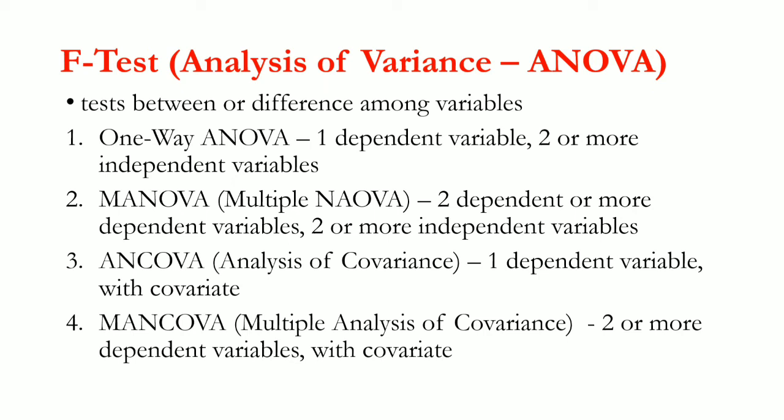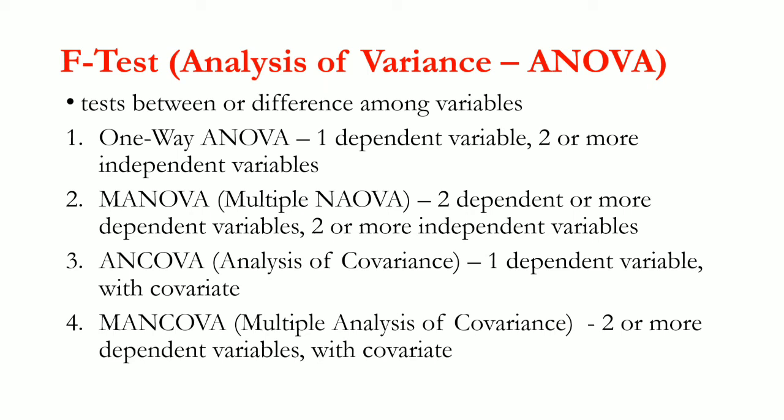We have several types of analysis of variance, but I'm sure you have been oriented with one-way ANOVA, because this is typical for beginning researchers like you. So with one-way ANOVA, you have one dependent variable and two or more independent variables. MANOVA means multiple ANOVA. This is when you have two or more dependent variables and two or more independent variables.